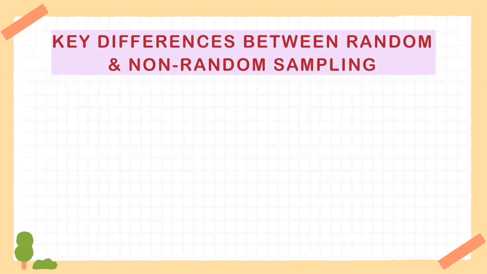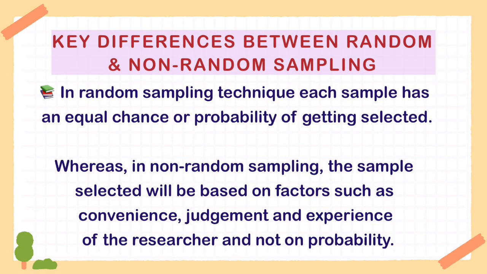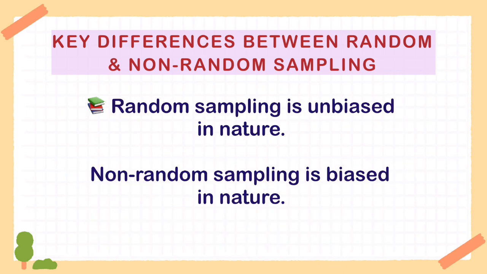Key differences between random and non-random sampling. In random sampling technique, each sample has an equal chance or probability of getting selected, whereas in non-random sampling, the sample selected will be based on factors such as convenience, judgment, or experience of the researcher and not on probability. Random sampling is unbiased in nature. On the other hand, non-random sampling is biased in nature.